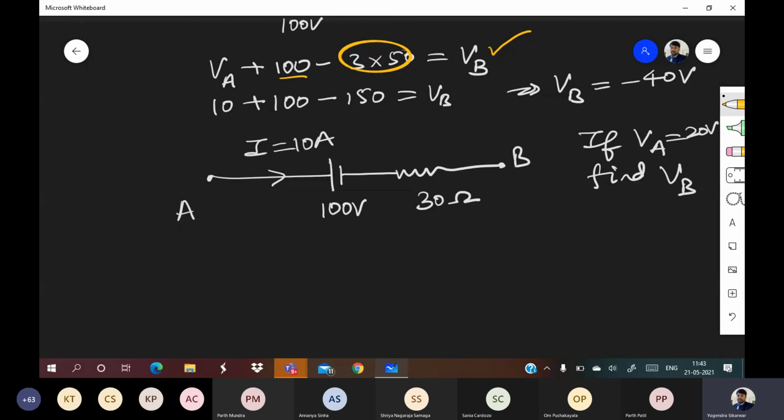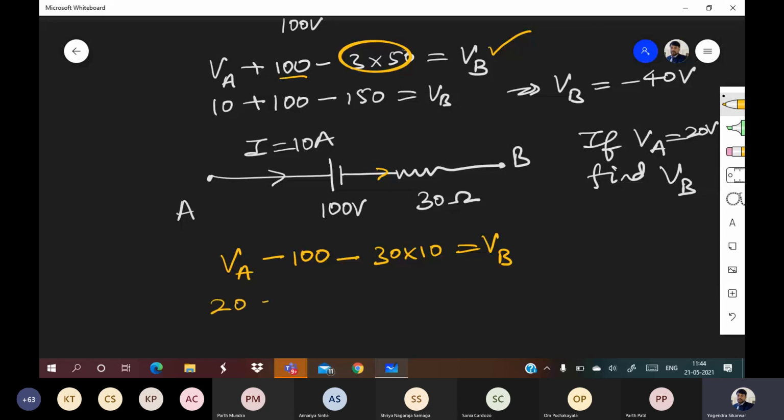Okay, everyone, please pay attention. We are starting from point A, so VA, and we are going from positive to negative, so minus 100. This time it won't be plus. So VA minus 100, and we are going in the direction of flow of current, so minus 30 into 10, and that will be equal to VB. So VA is how much?